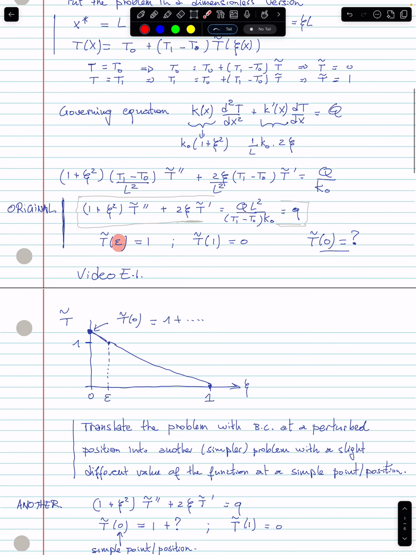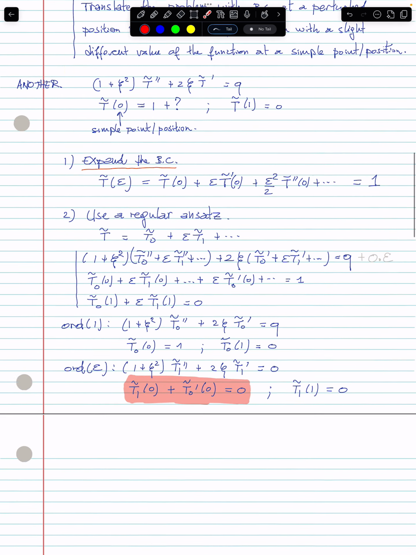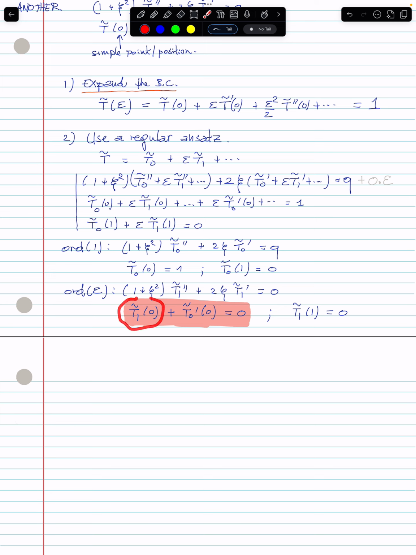So if we would have here T tilde of 0, and if you substitute the ansatz over here, this is what you would have obtained.